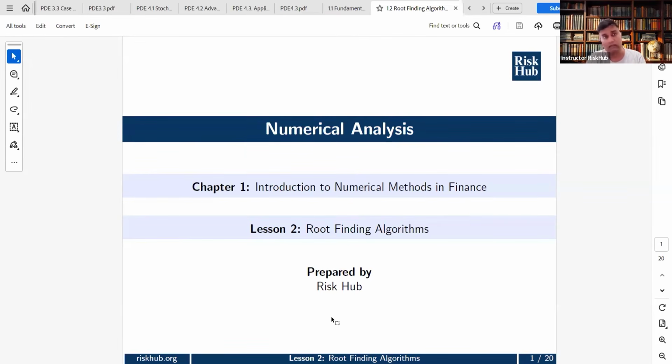Let's say we are trying to find the internal rate of return. Known is the cash flow. Unknown, we solve for the discount rate. The root finding equation is net present value equals 0. So these are the things we have to keep in mind. Similarly, in portfolio optimization, you have a target return and a target risk constraint.